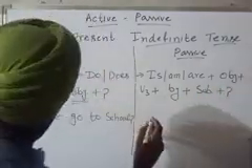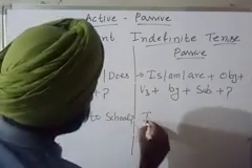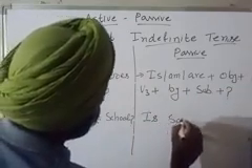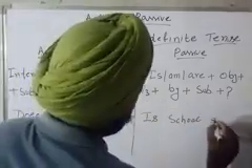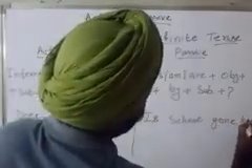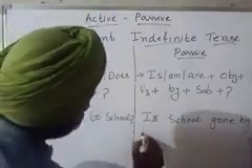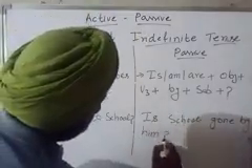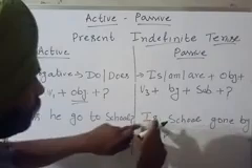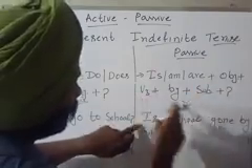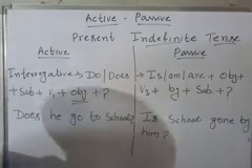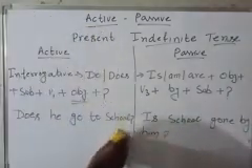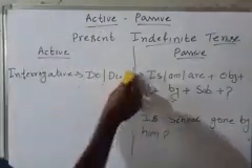For example, is school gone by him? Is school gone by him? So this is the simplest way to learn active and passive.